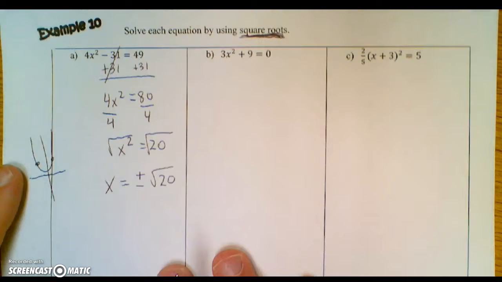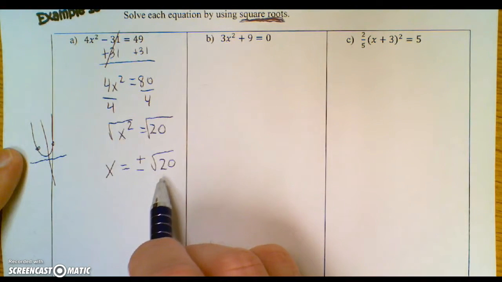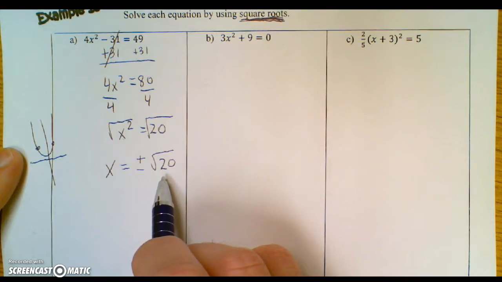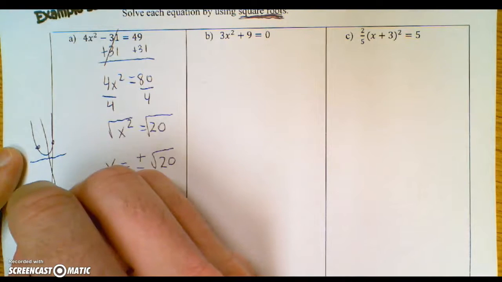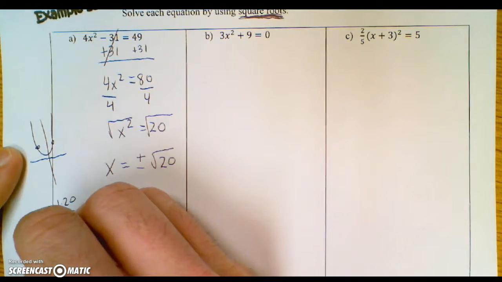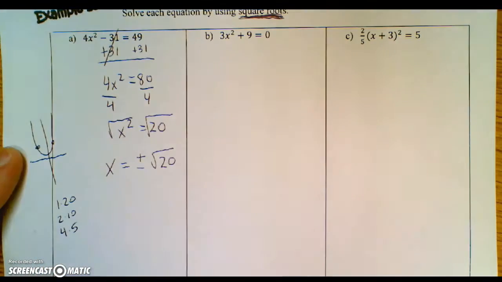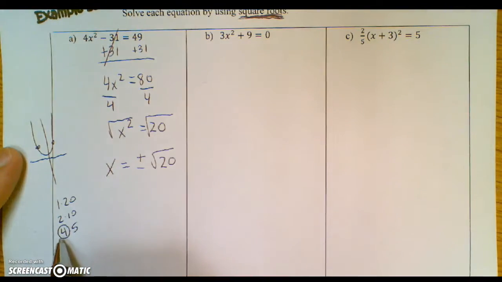Now with these problems, there's a way to simplify this radical. If you take a look, think about the numbers that multiply together to give you 20. So for 20, I've got 1 times 20, 2 times 10, 4 times 5, and then 5 times 4, which is the same thing. One of those numbers is a perfect square, meaning it's a number that I can square root.